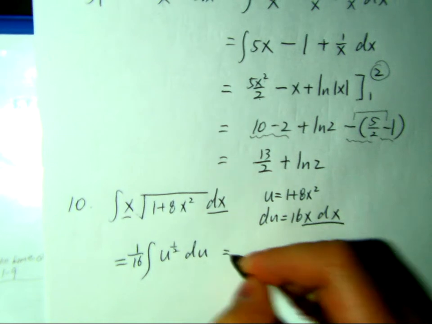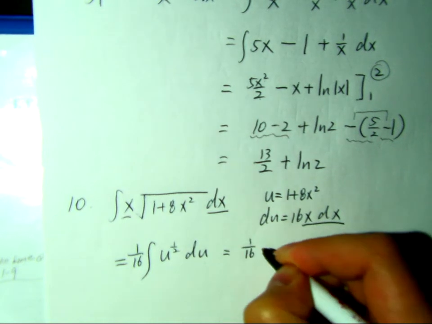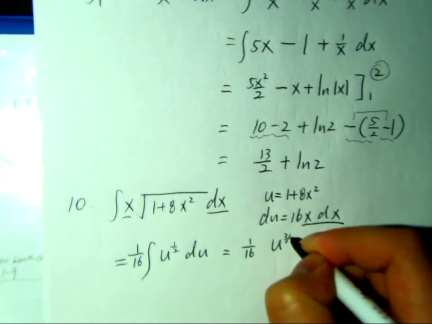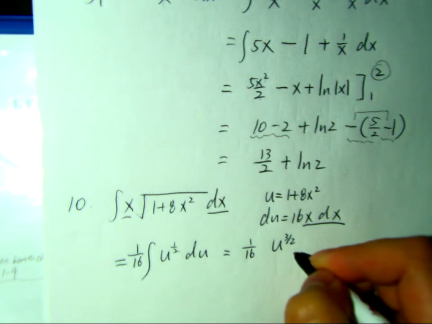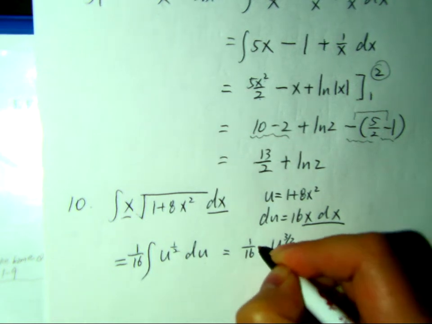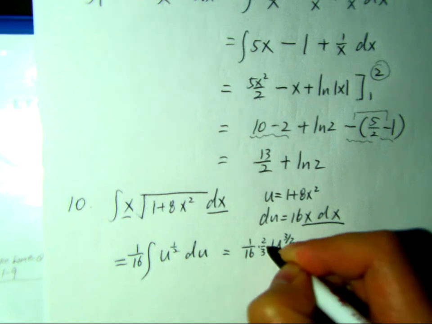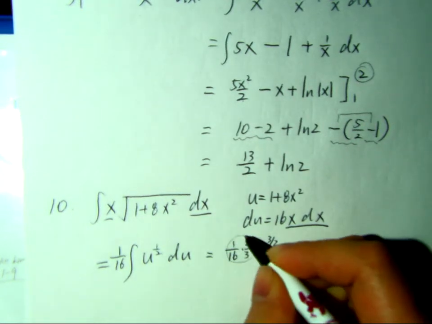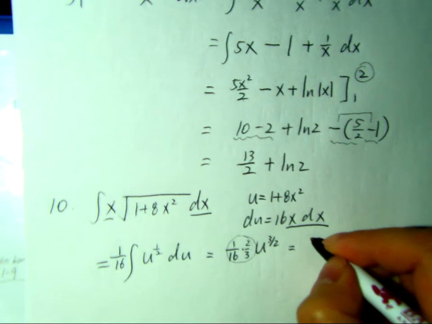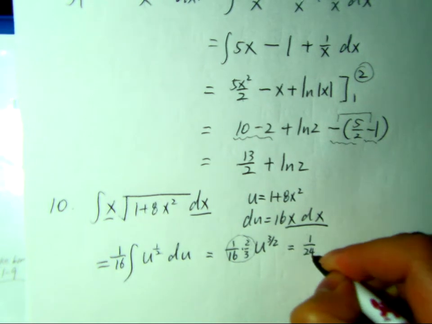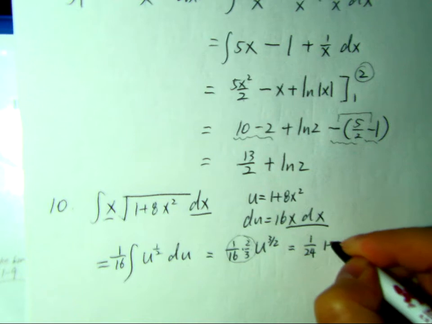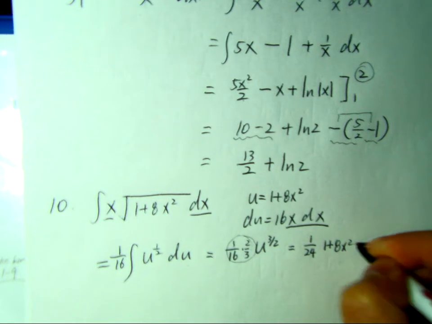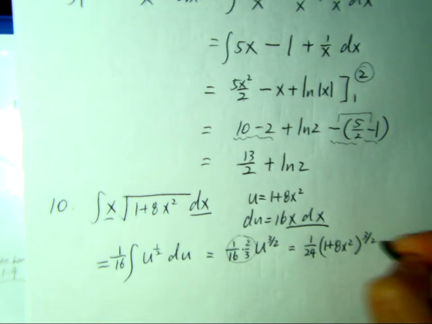By doing the power rule, we have 1 over 16 and u to the power 3 over 2. And dividing by 3 over 2 means we multiply by the reciprocal, so we have 2 over 3 here. When we simplify these two fractions a little bit, it will be 1 over 24. And change your u back to 1 plus 8x squared, keep the power 3 over 2, plus C.